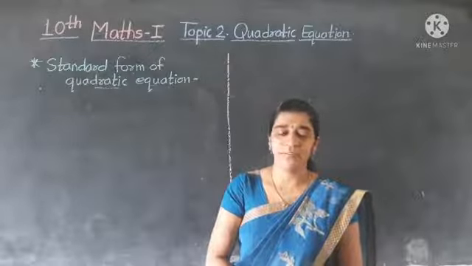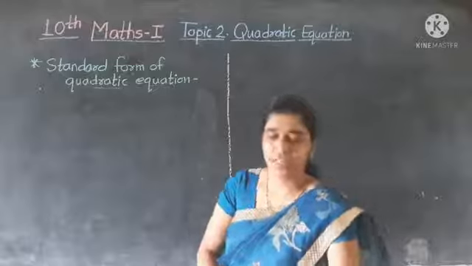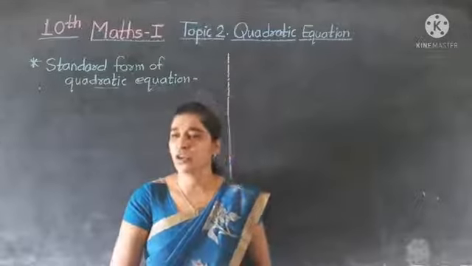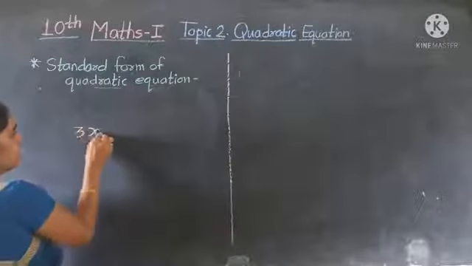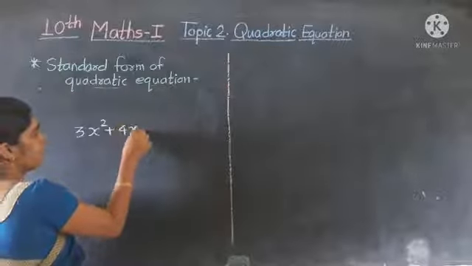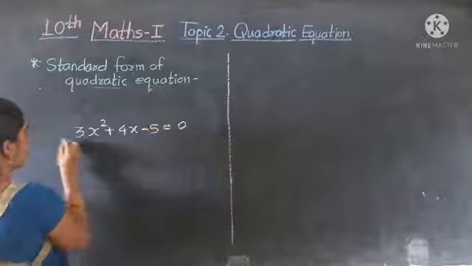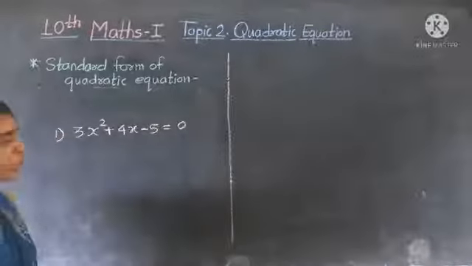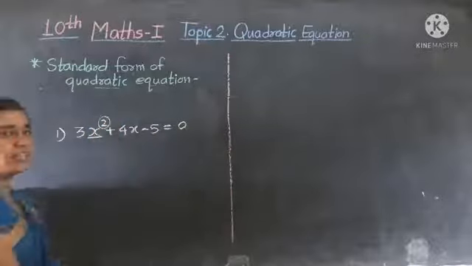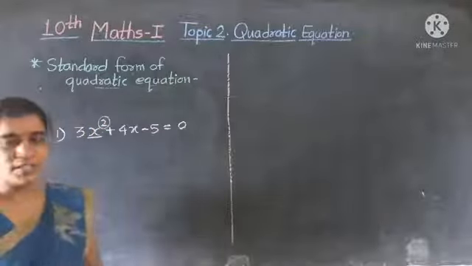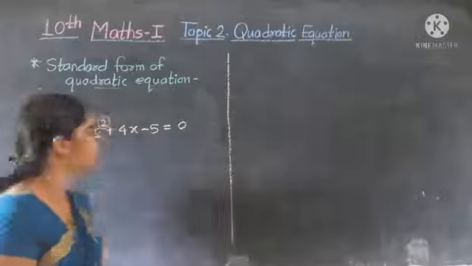Also, we had given some questions like this: decide whether it is a quadratic equation or not. So suppose I had given here the example 3x square plus 4x minus 5 is equal to 0. Is this a quadratic equation or not? Yes, because here the variable is x and its degree is 2. Therefore, it is a quadratic equation.